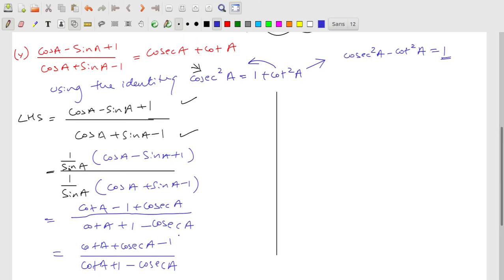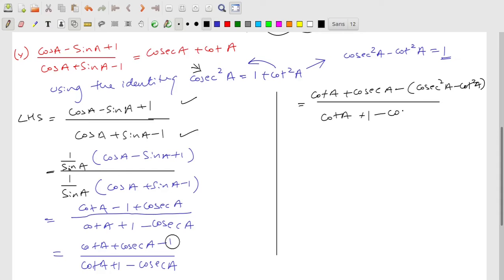I will replace this 1 with cosecant square A minus cot square A. Then you will get cot A plus cosecant A minus, now take this expression, cosecant square A minus cot square A, whole divided by the same expression, that is cot A plus 1 minus cosecant A. All right.